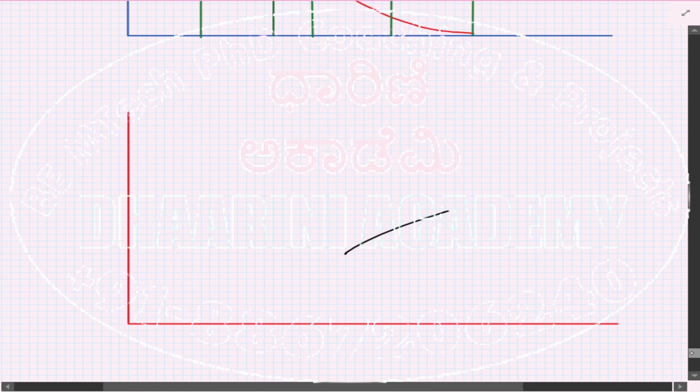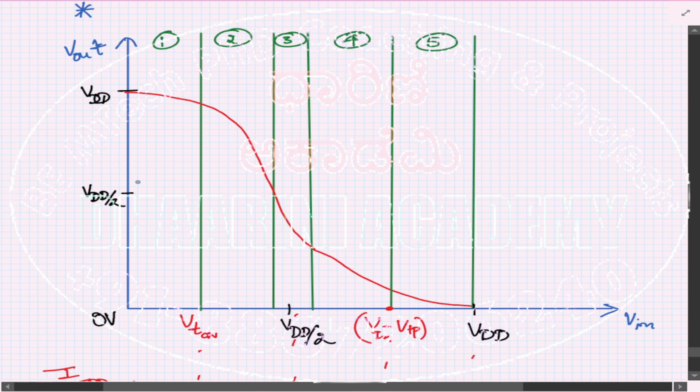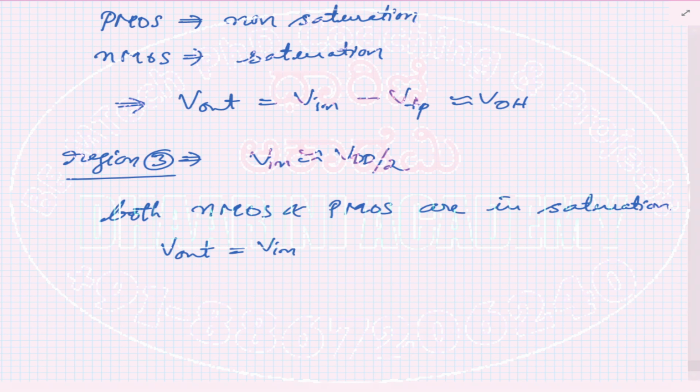Just check whether that is already marked. Yes, you can see that Vout is approximately equal to Vin. Input is VDD by 2, output is also VDD by 2. That's why this region is marked as region number 3.